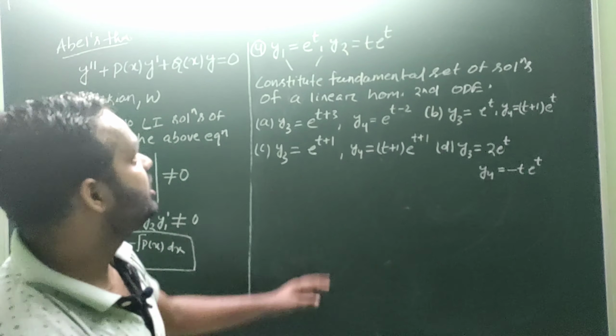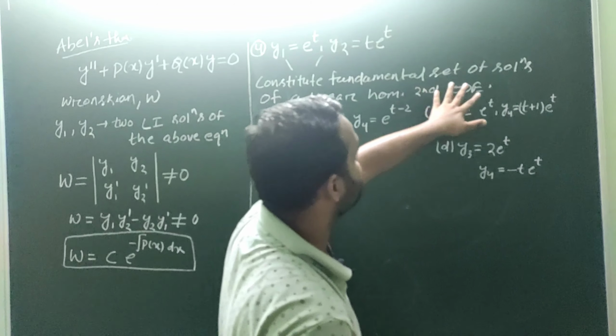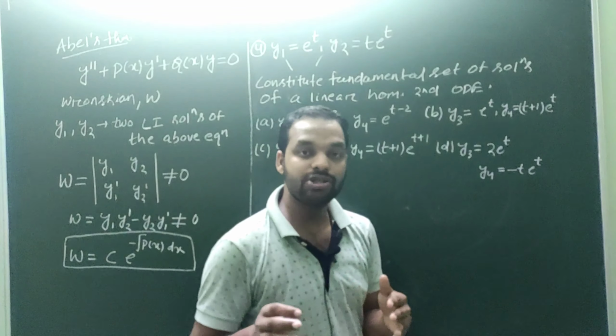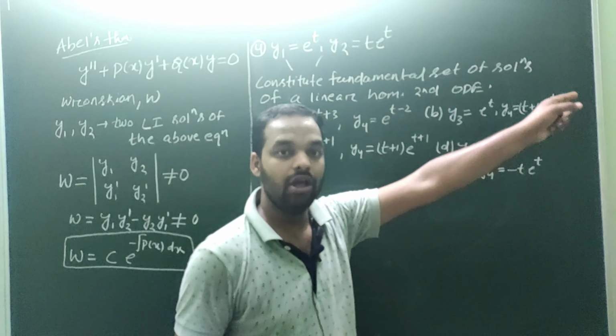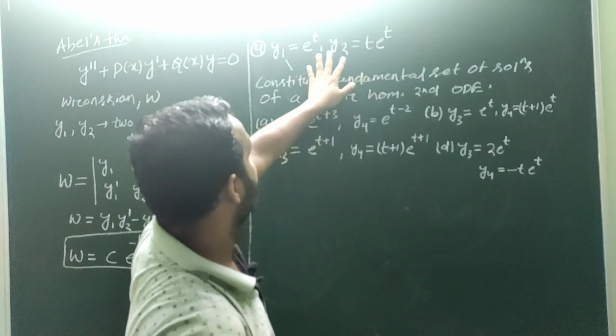So these two are linear independent solutions. Linear independent solutions means we cannot express one solution as a scalar multiple of the other. Here a variable t is multiplied with the solution.